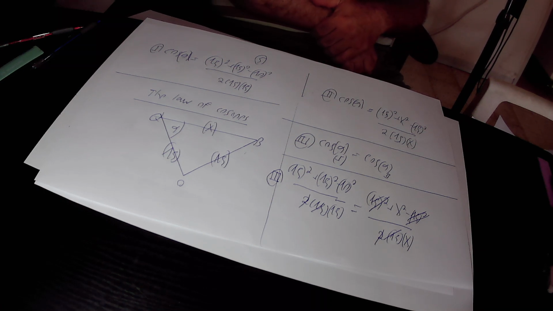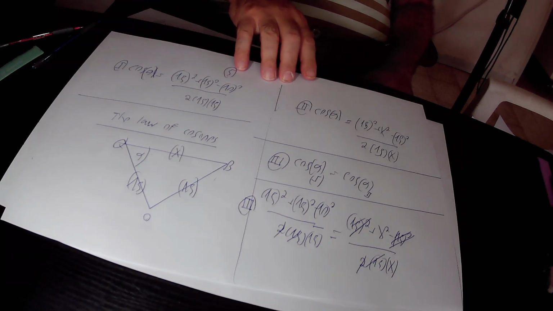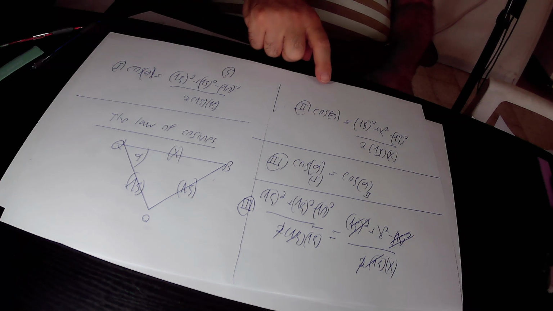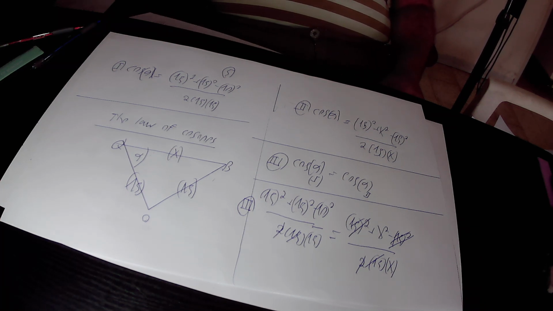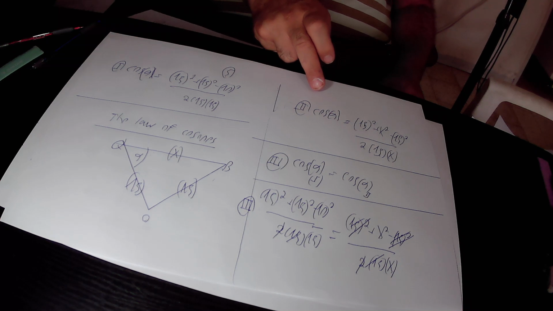In this triangle QBO, according to the law of cosines, cosine alpha equals 15 squared plus x squared minus 15 squared over 2 times 15 times x. So we have two different equations for the value of cosine alpha: this is the first equation, and this is the second equation.